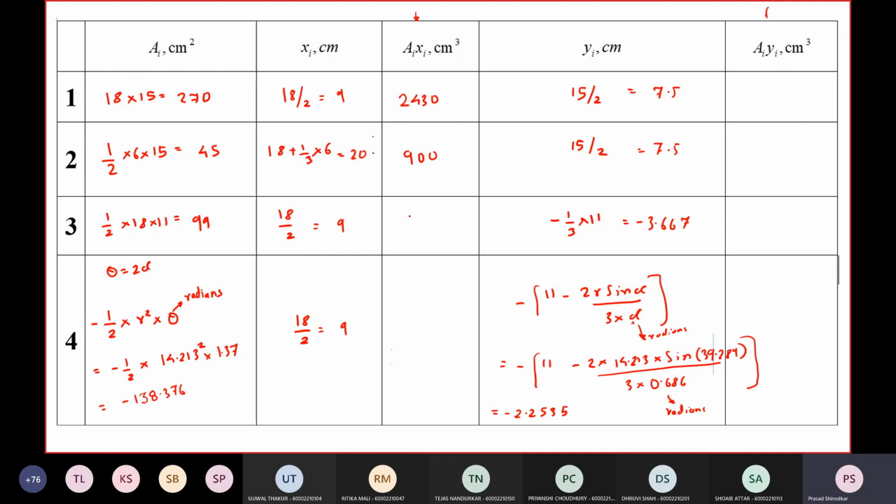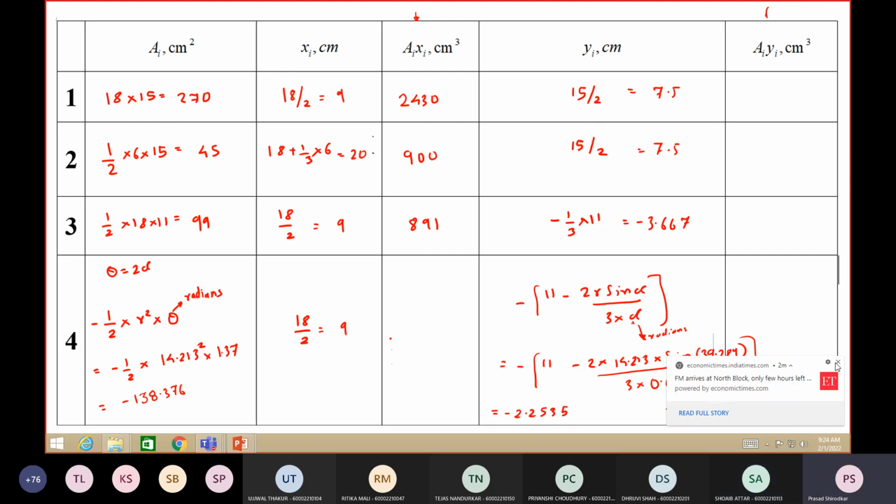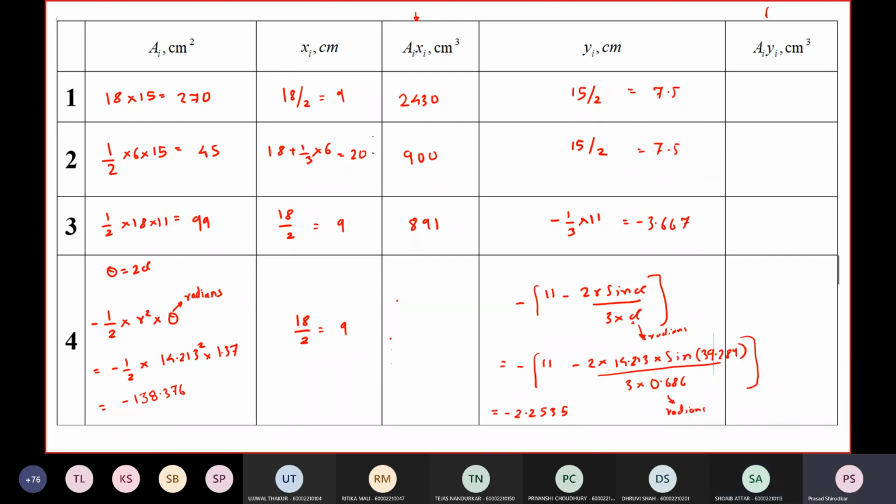The next, 891. Correct. And the last one, minus 1245.33. Correct. 1245.3338, that is a minor rounding error.